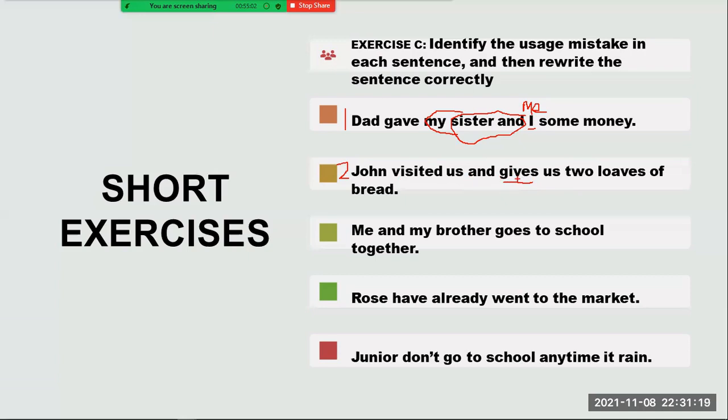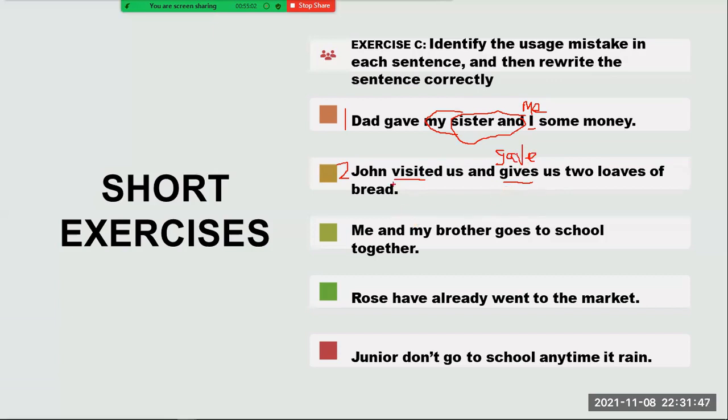The tense of the verb here has to agree with the first one. Visited is past. John visited us shows us that the action took place in the past. And then gave us. So you can see that the correct thing here is gave. John visited us and gave us.